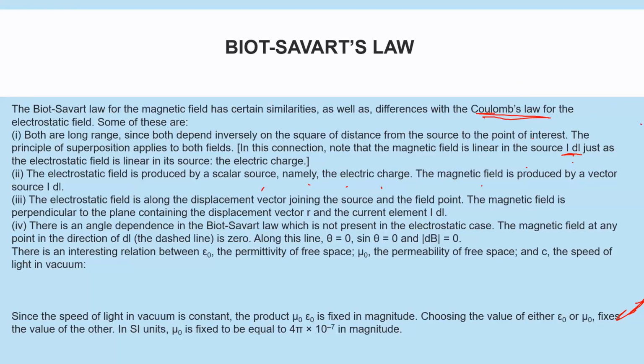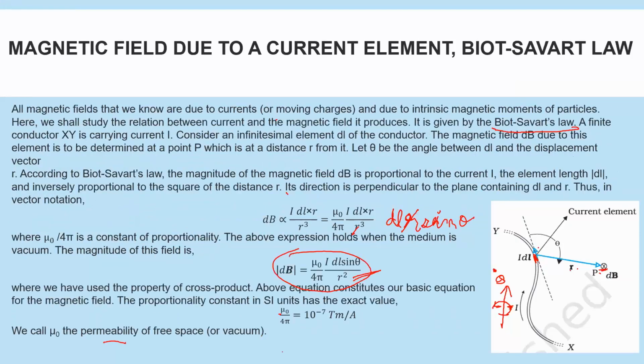We saw in this equation that the magnetic field is a product of the current and the cross product between the line element and the distance between the line element and the point at which we are trying to find the magnetic field.